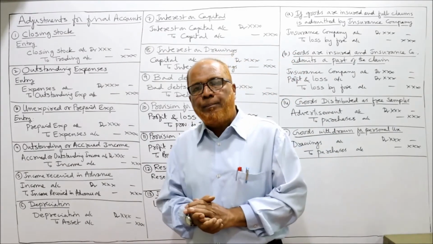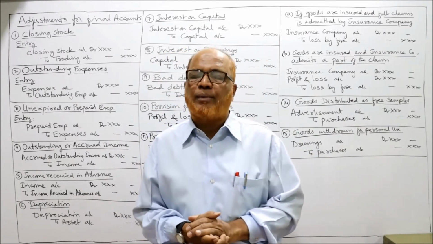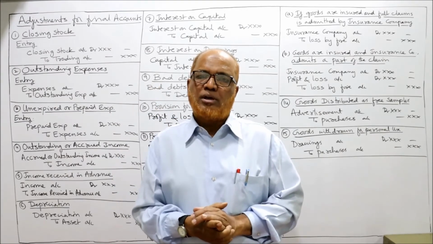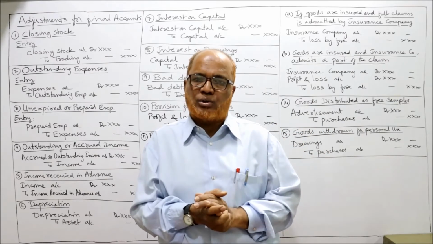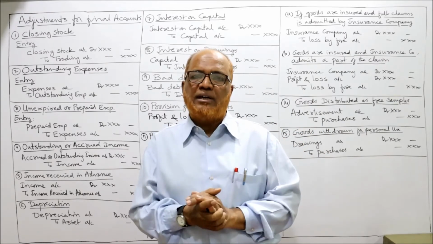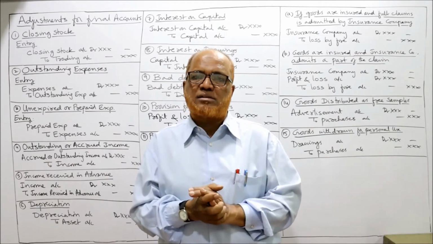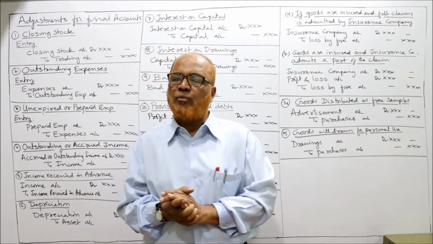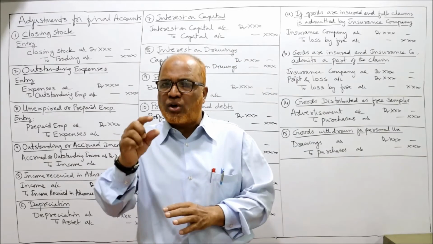See here, when we prepare the trading profit and loss account and balance sheet, we are given a trial balance and some adjustments. Trial balance are all the balances taken from the ledger accounts. But at the end of the year, when we make the final accounts, we have to make some adjustments. What are the adjustments? How to adjust them? Now in this video I am going to explain. See here, we are preparing the trading profit and loss account for a period.